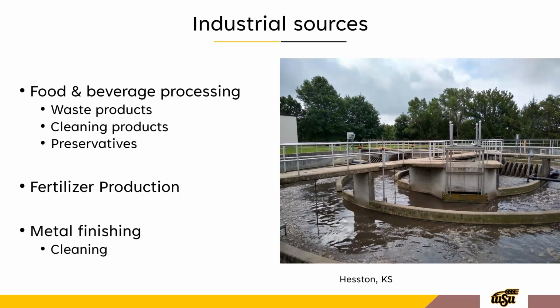Food and beverage processing is going to be more consistent in most places. So I'm working with a few communities that have metal finishing operations, and we're trying to get our heads around what is the actual amount of phosphorus and how consistent is it coming to us. If you do suspect industrial sources, feel free to reach out to me.